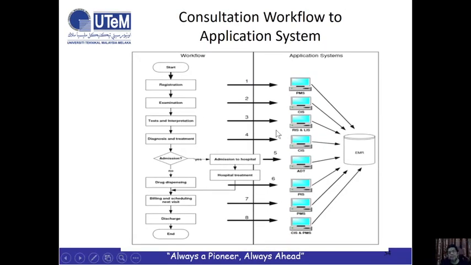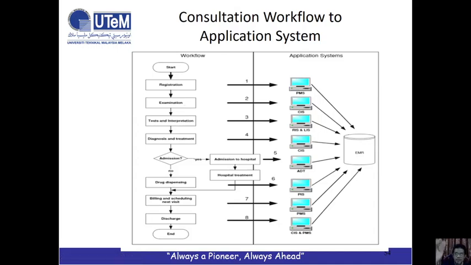So this process is very important for you to understand. Every time you talk about healthcare information system, you go to the workflow first, and then you can imagine what systems are to be developed.